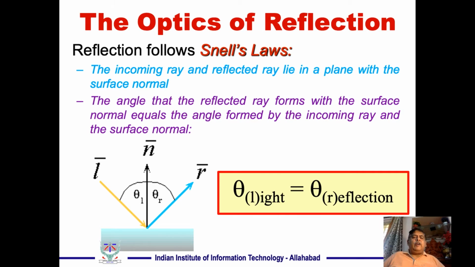So here I have got the normal, the L is my incoming ray, which is at an angle theta L, and the reflected beam is at an angle theta R, and Snell's law tells us that theta L is equal to theta reflected or theta R.